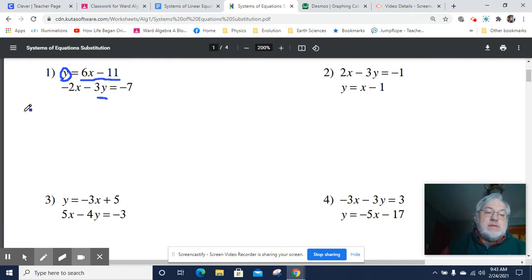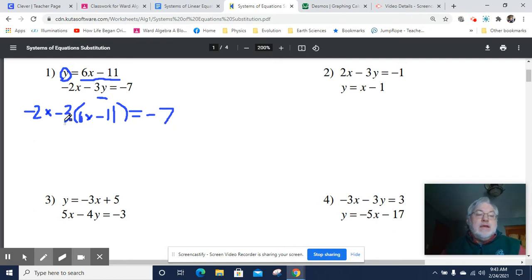So I'm going to rewrite this as negative 2x minus 3, and then in parentheses, instead of y, I'm going to have 6x minus 11. Okay, and then I still have, of course, equals negative 7.